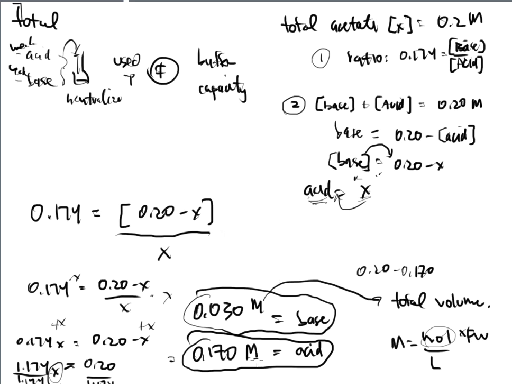Okay, the same thing would happen with the acid down here at the bottom. If I know the strength that I should end up with, and I know how much in total I need to make, then I can plug this into the molarity equation, solve for mole, multiply by formula weight, and that will tell me the amount of gram of acid that I need to weigh out in order for this buffer to work.